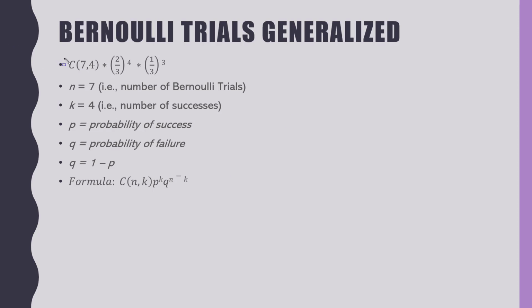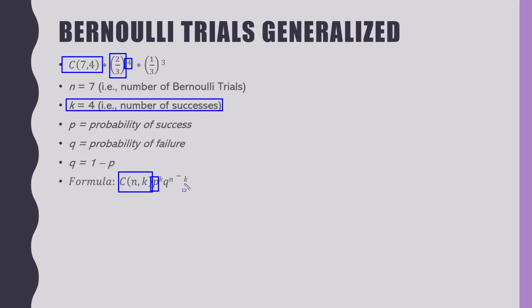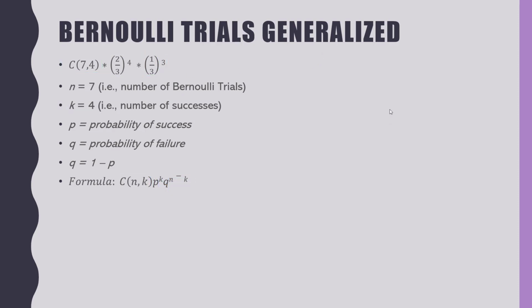It's the combination, n choose k, times the probability of success, p, raised to the kth power, the number of successes, times the probability of failure, q, raised to the n minus k power. Do you agree with that? The generalized formula there? What does that look like to you?